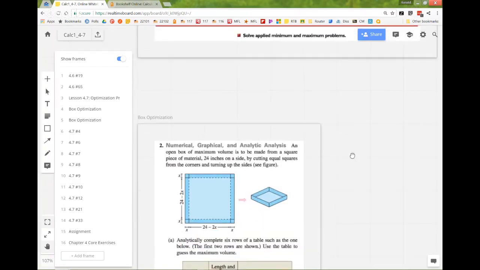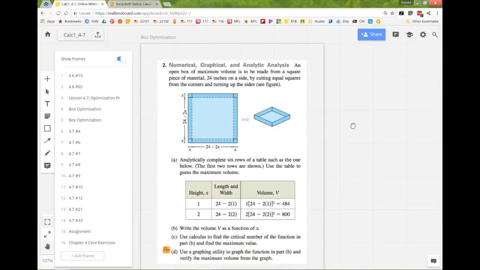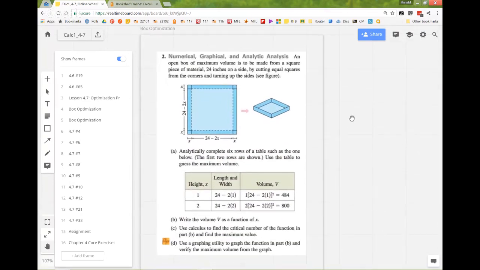And this is problem number 2 from the 4.7 lesson. So let's just get into it here. Numerical, graphical, and analytic analysis. An open box of maximum volume is to be made from a square piece of material 24 inches on a side by cutting equal squares from the corners and turning up the side.